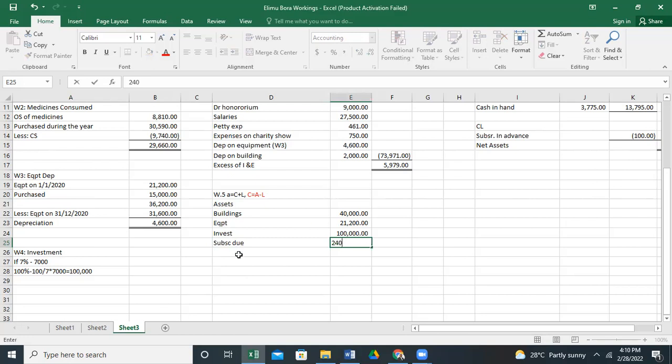Then I have the stock of medicine, a current asset. The original stock of medicine was 8810. Then I have the cash in hand.